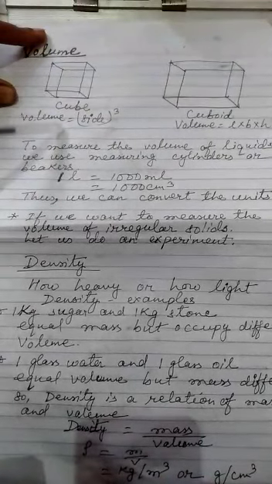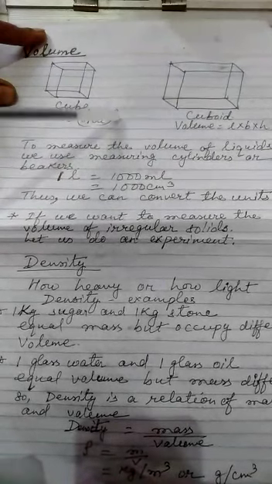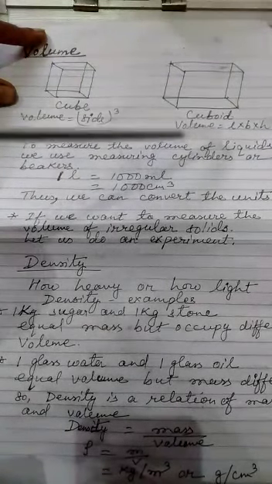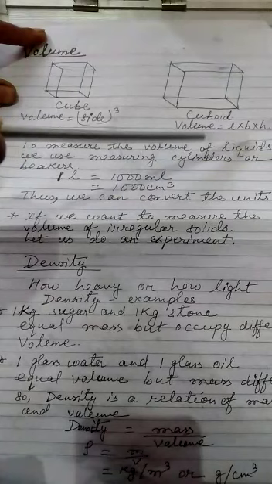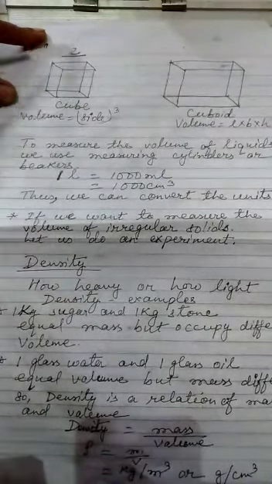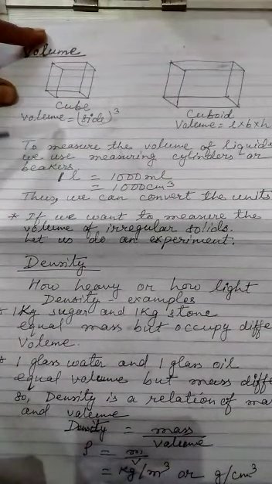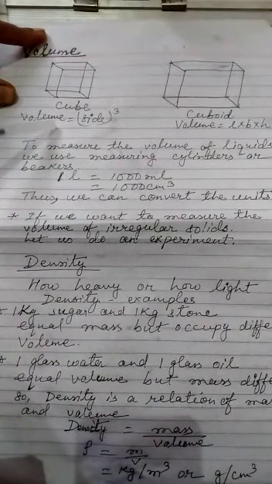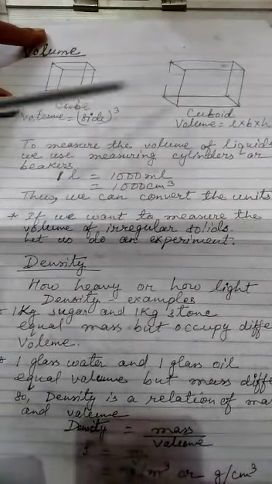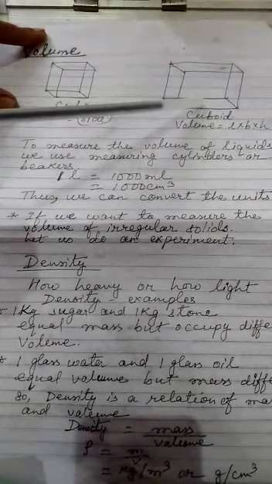The volume of a cube is given as side cube. The volume of a cuboid is length, breadth and height. So the unit to measure volume is centimeter cube or meter cube. These are regular shapes again and solid shapes.